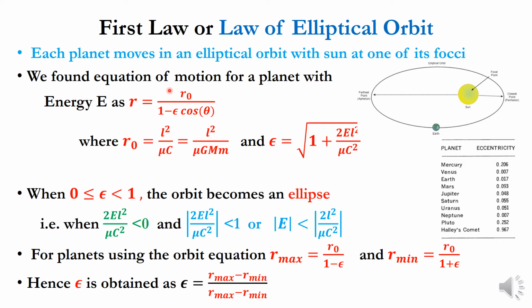So we have found equation of motion for the planet with energy E as r is equal to r0 by 1 minus epsilon cos theta.